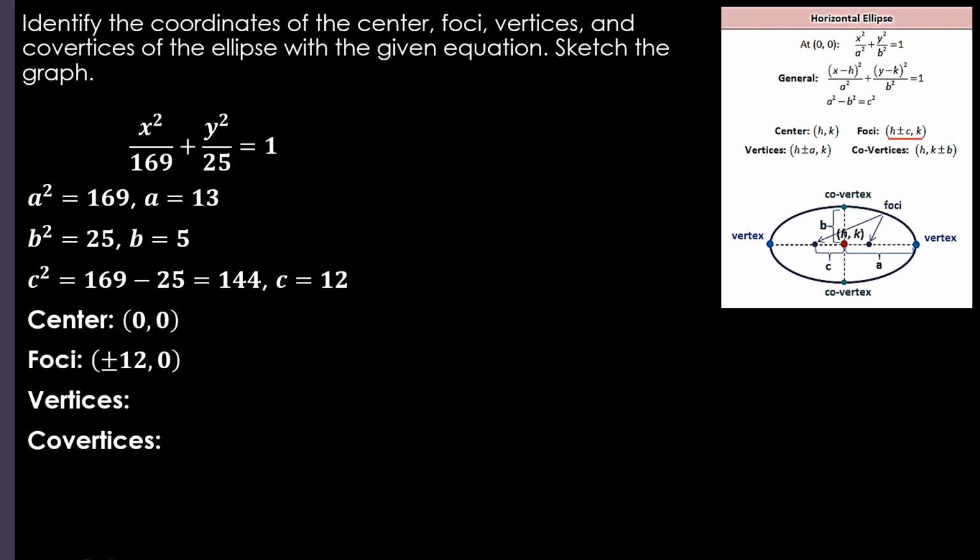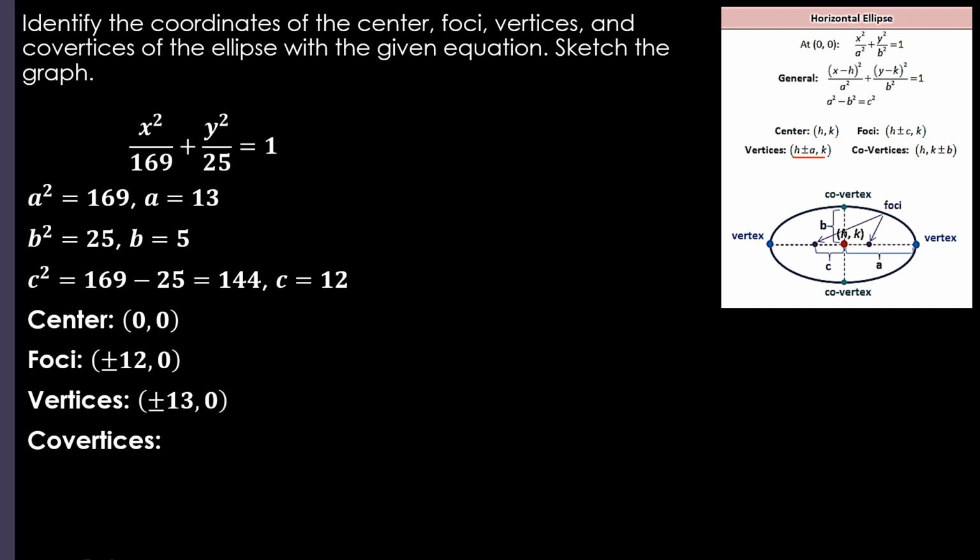For the vertices, we have this formula in our box here at the top right. For the vertices, we have (h plus or minus a, k). Our a value is 13. Therefore, 0 plus or minus 13.